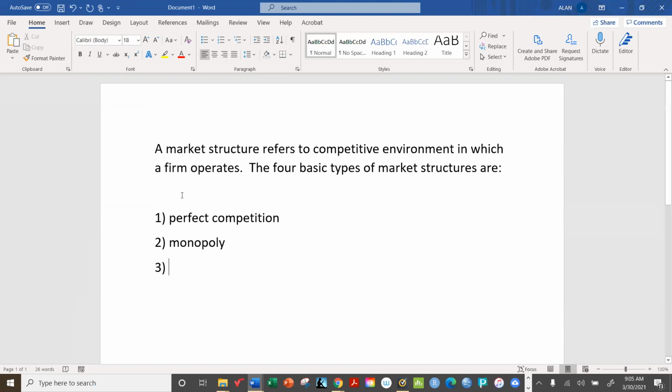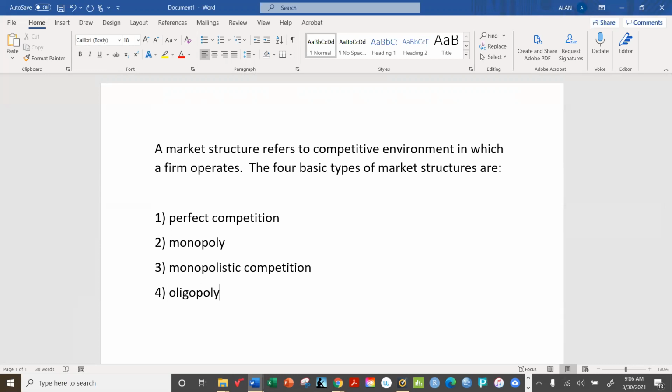Then we have sort of an in-between case, which is called monopolistic competition, which is a hybrid between the two. And realistically, I'd have to say the majority of the industries out there fall into this category. But then we also have a case which is closer to monopoly than perfect competition, which is called oligopoly, where you basically have a few very large firms that dominate the entire industry.